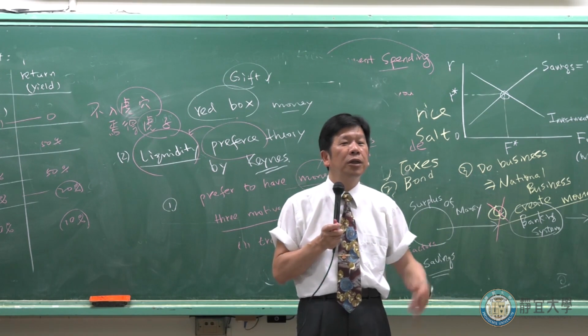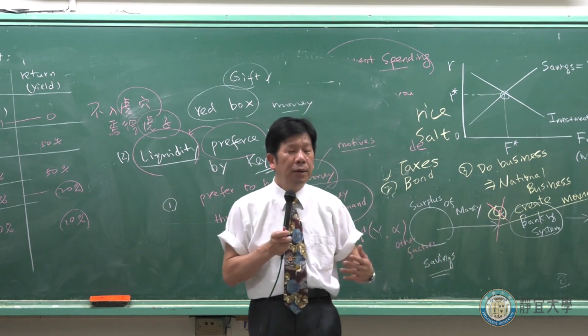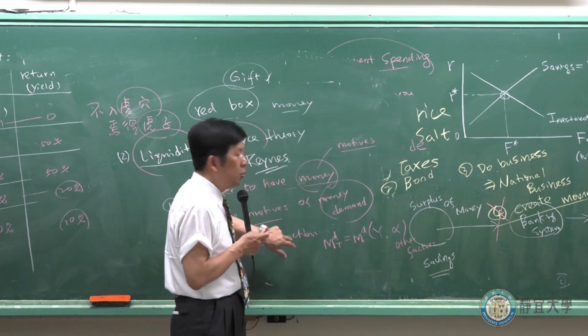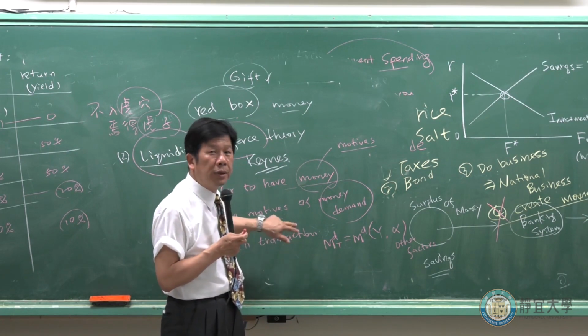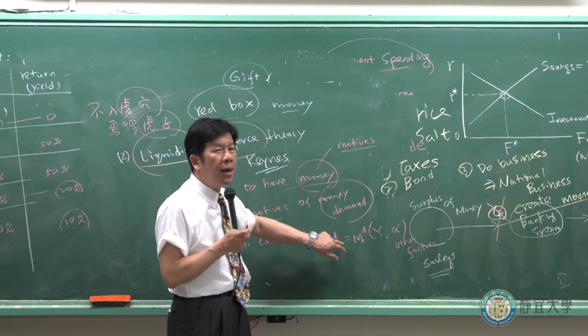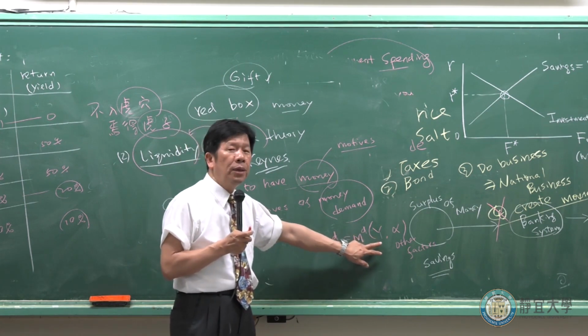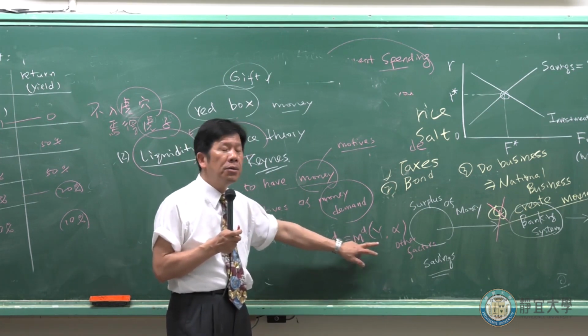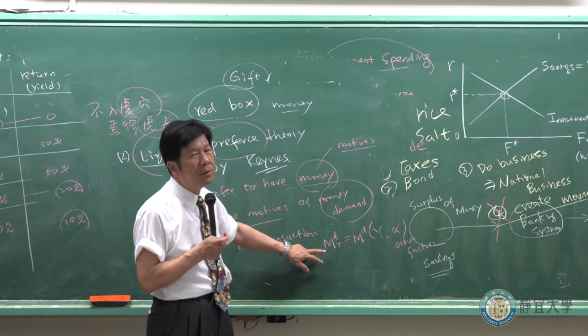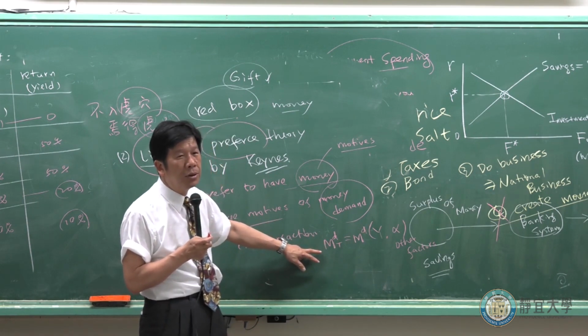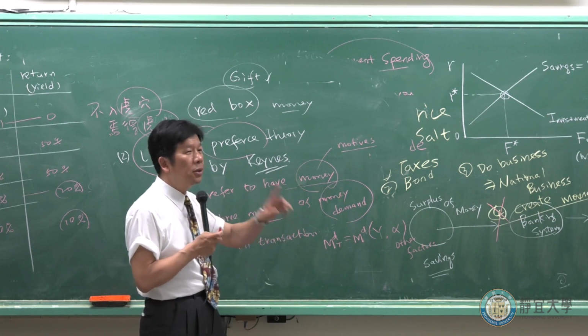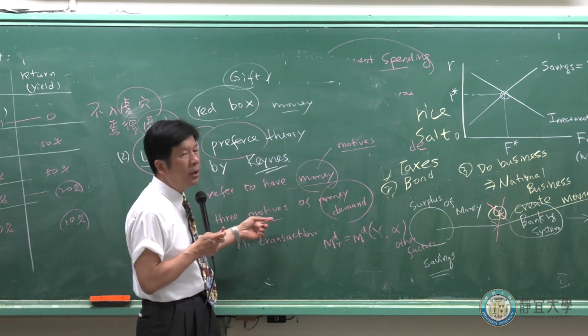Okay? So sometimes most people are for transaction because with money you can buy anything. So if you have more money, then you can have more money for transaction. Can you get this point? So this is the first motive.